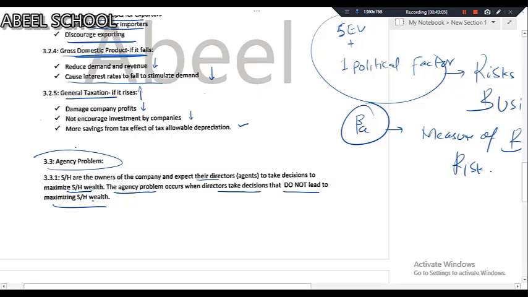Now the question is, what are those decisions which shareholders believe have damaged their wealth?